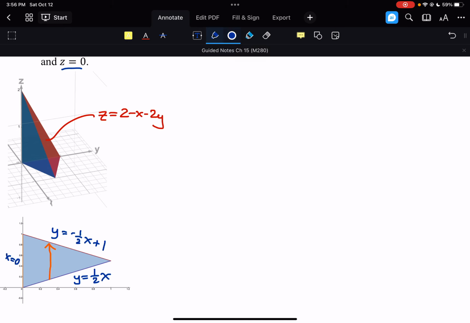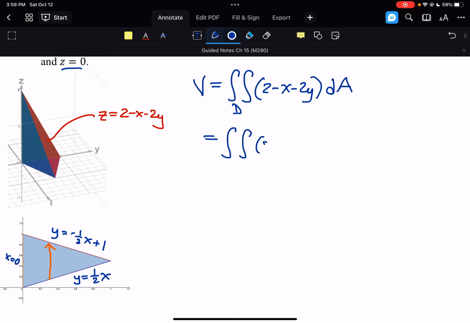So when we set this up, volume is the double integral over D under that plane, so 2 minus x minus 2y dA. If we're setting this up vertically, then we're going to go dy dx. Y is going to go from the bottom line to the top line, so that's 1/2 x to negative 1/2 x plus 1.